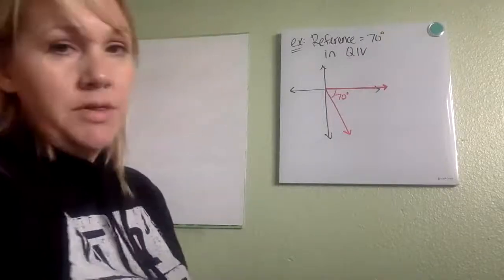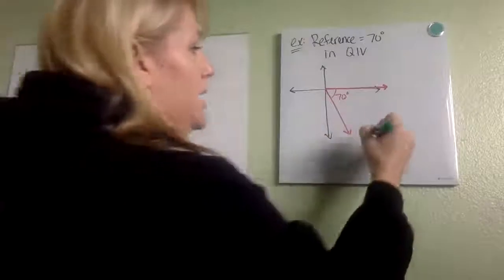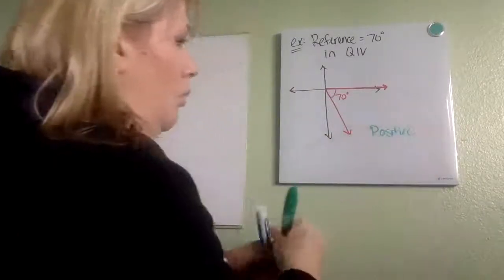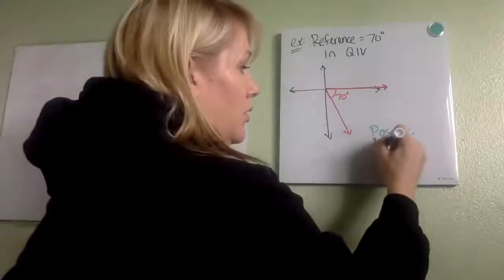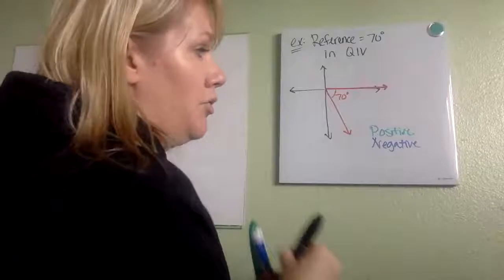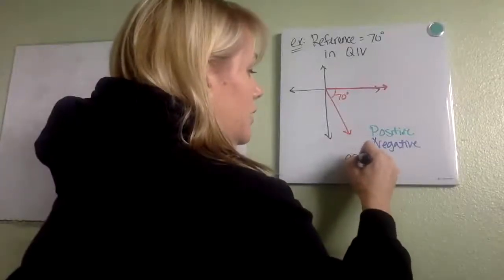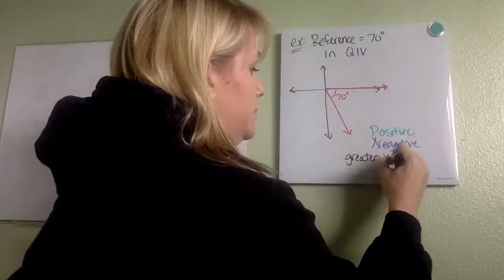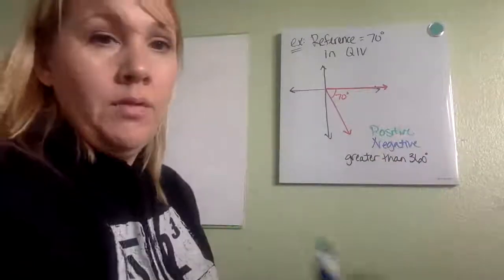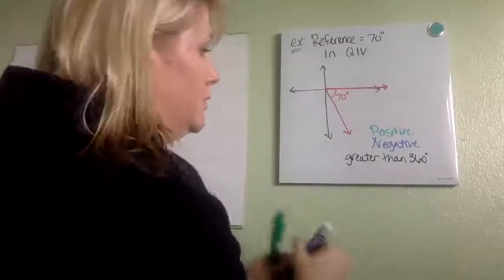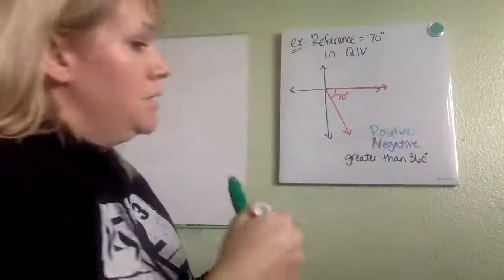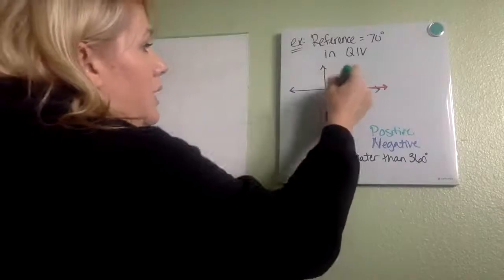So again, we're going to do three things. What would the positive angle look like? What would the negative angle look like? And then what would a greater than 360 degrees look like? Okay, so positive means it went this way, right?